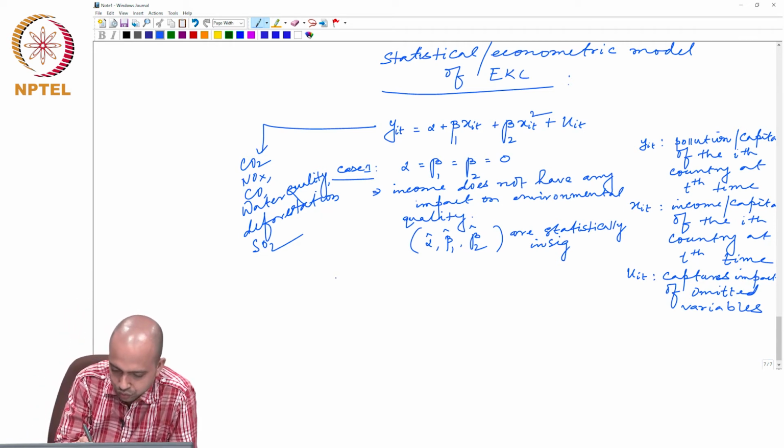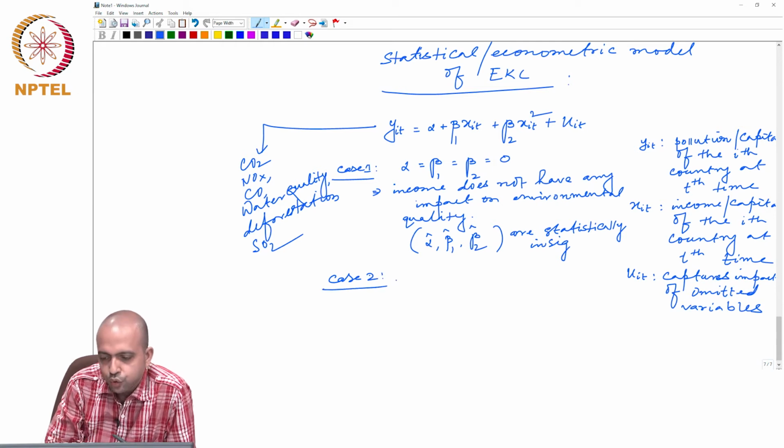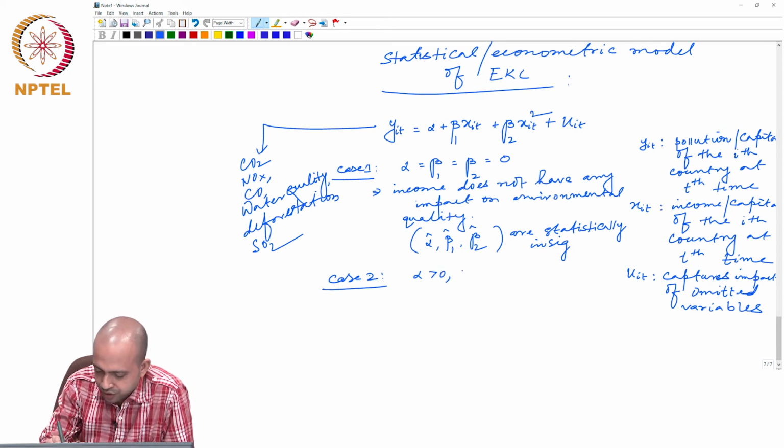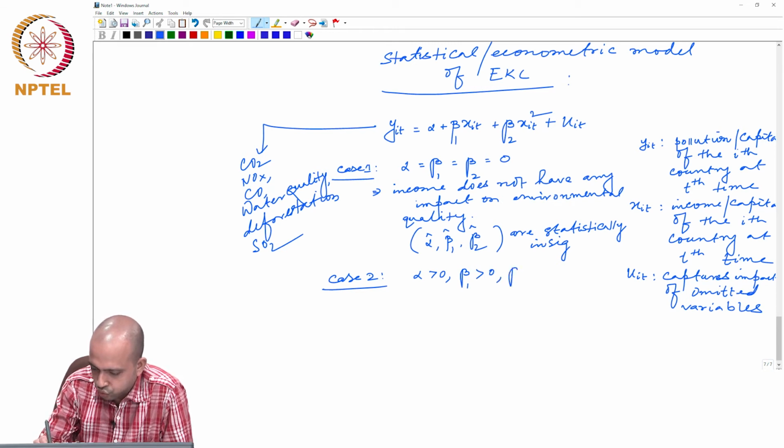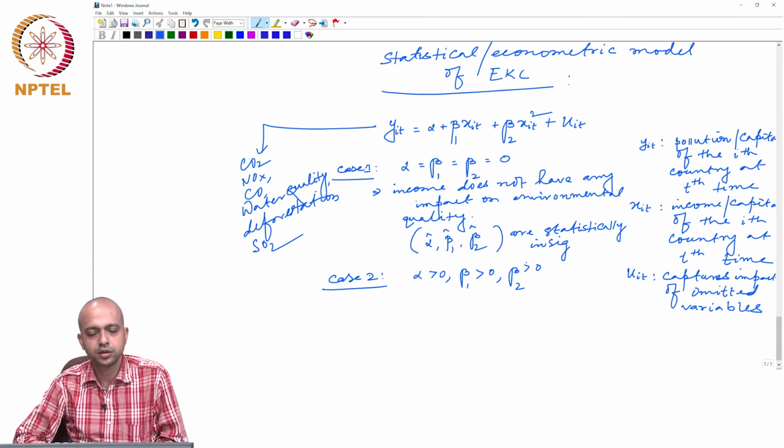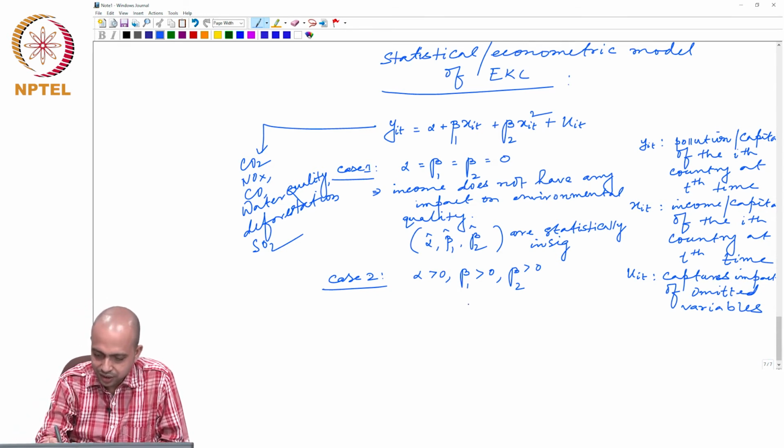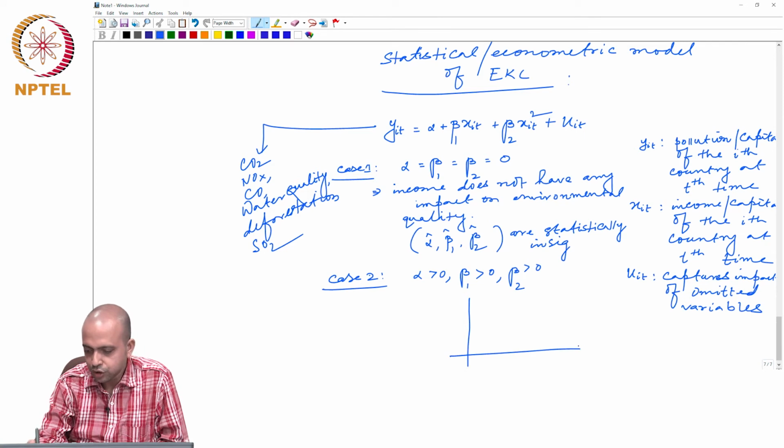Then case 2, we can say that alpha is positive, beta 1 is positive, beta 2 is also positive. So, what will happen in that case? In that case, if you plot income here and emission there.